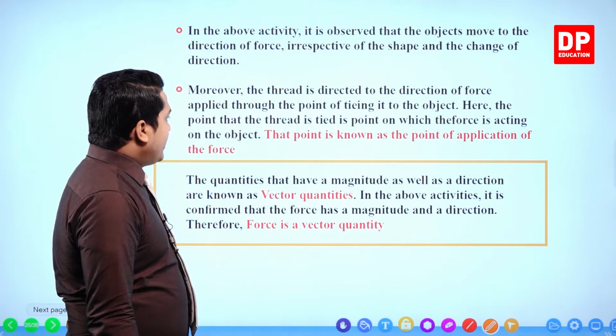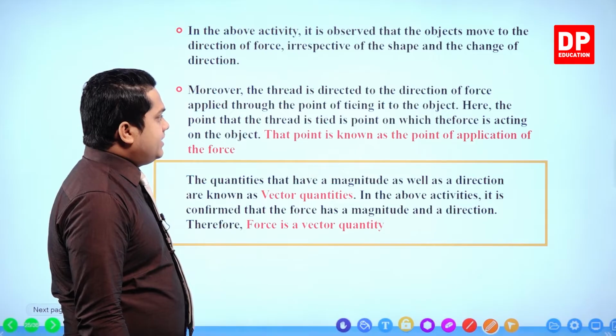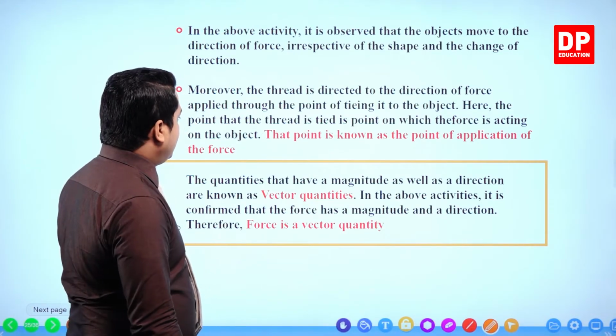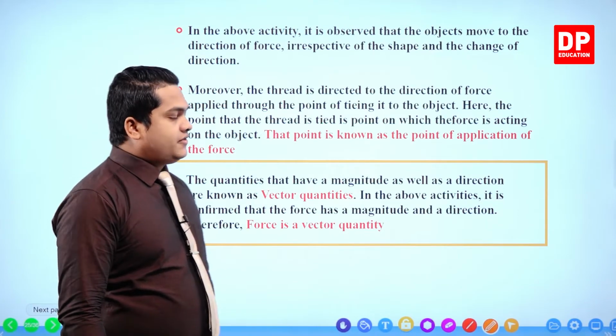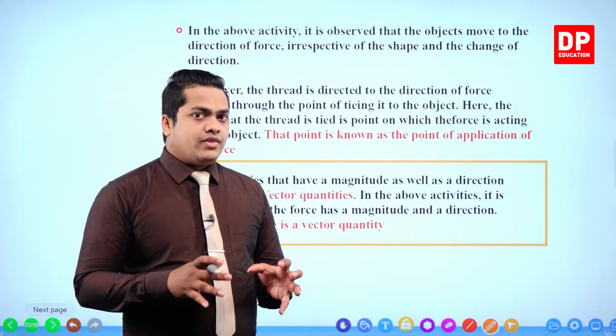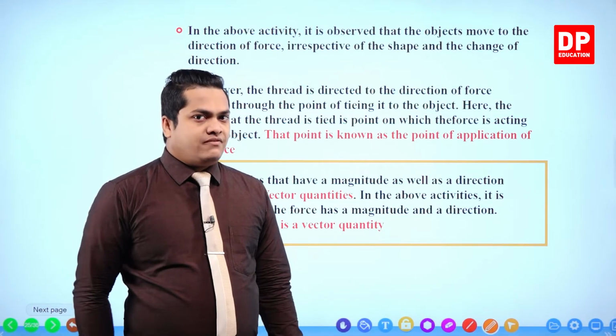Here, the point where the thread is tied is the point on which the force is acting on the object.